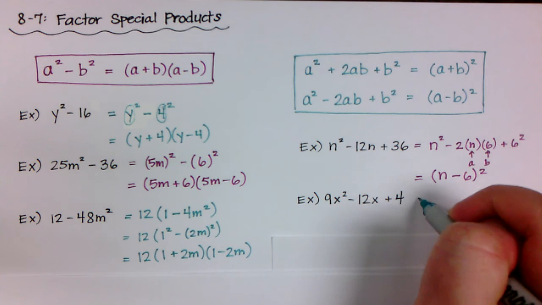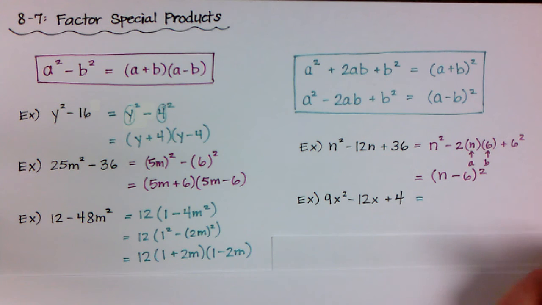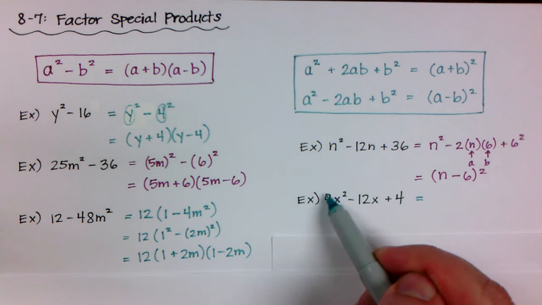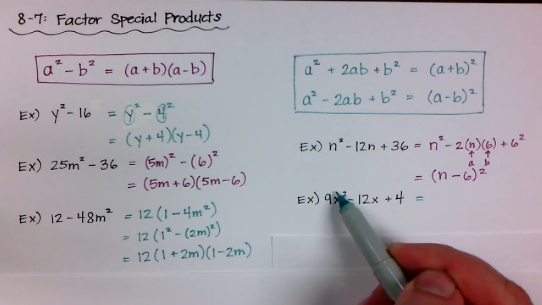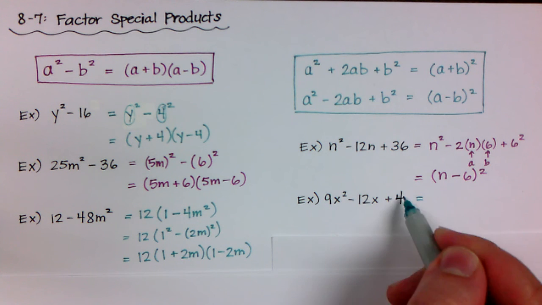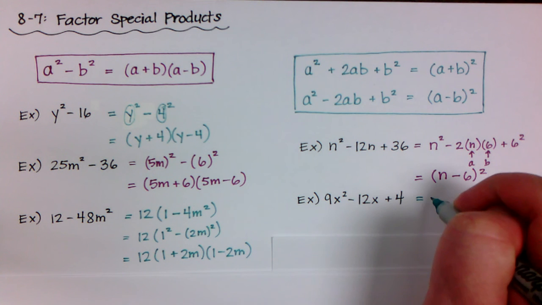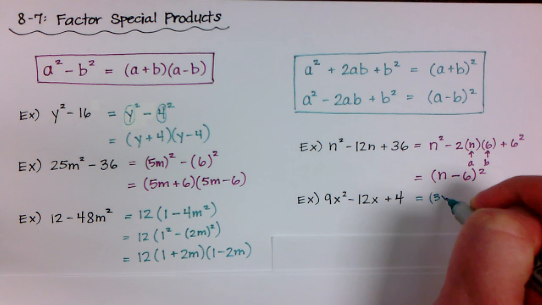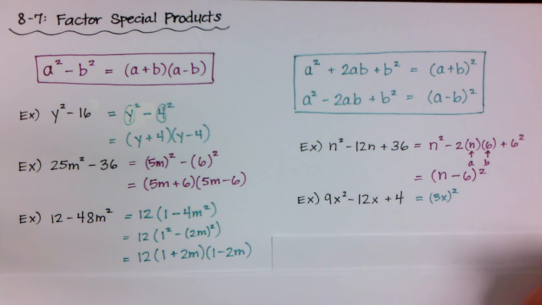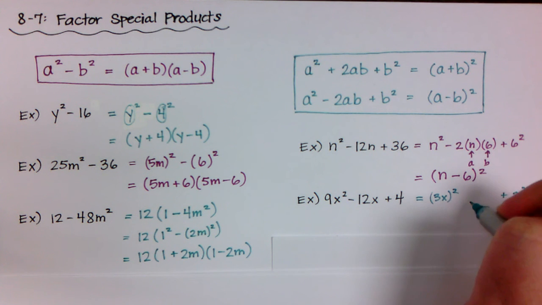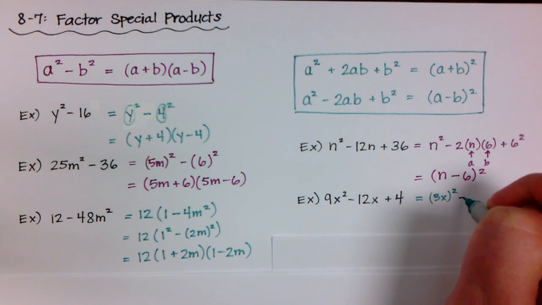This time I'm going to do something a little different. I'm going to just look to see what is being squared here to turn into 9x squared, and what's being squared at the end to turn it into 4. So 9x squared is the same as 3x times 3x. And I get 4 by squaring the number 2. Now, this is why I really like this.